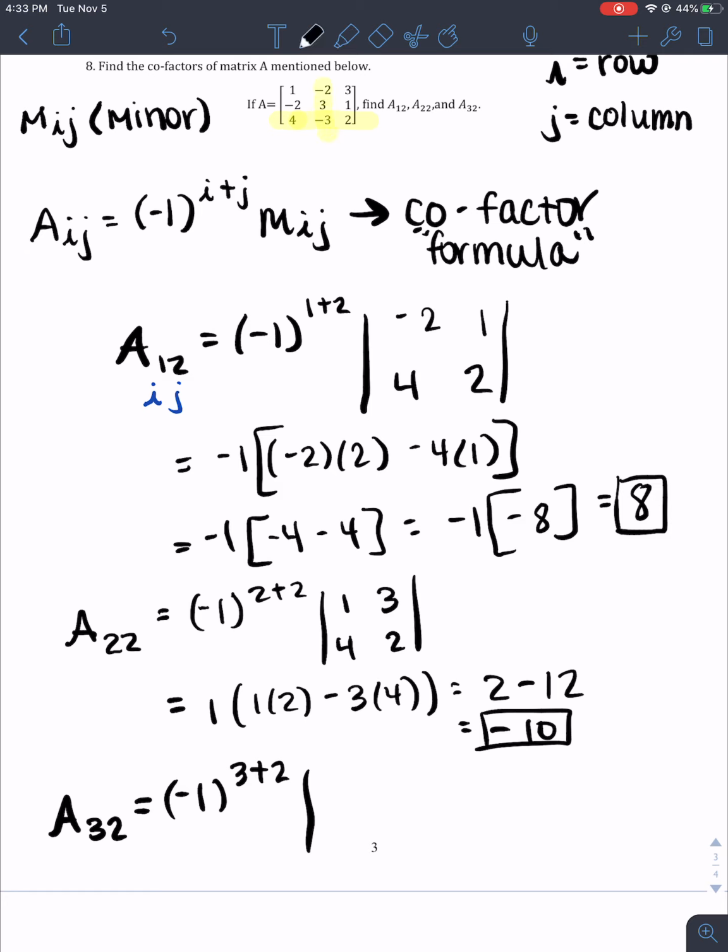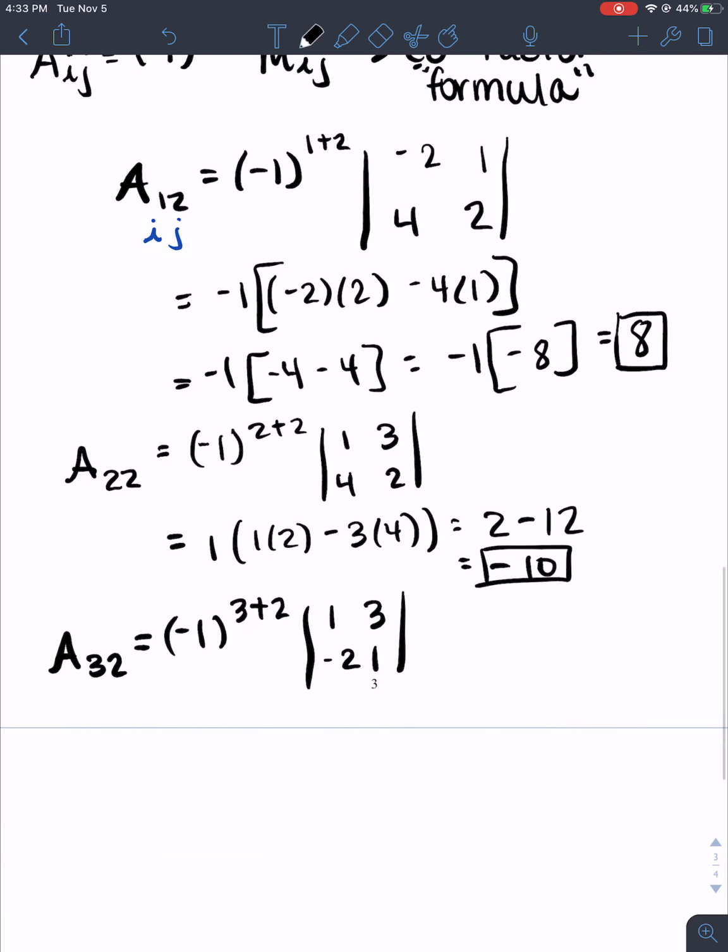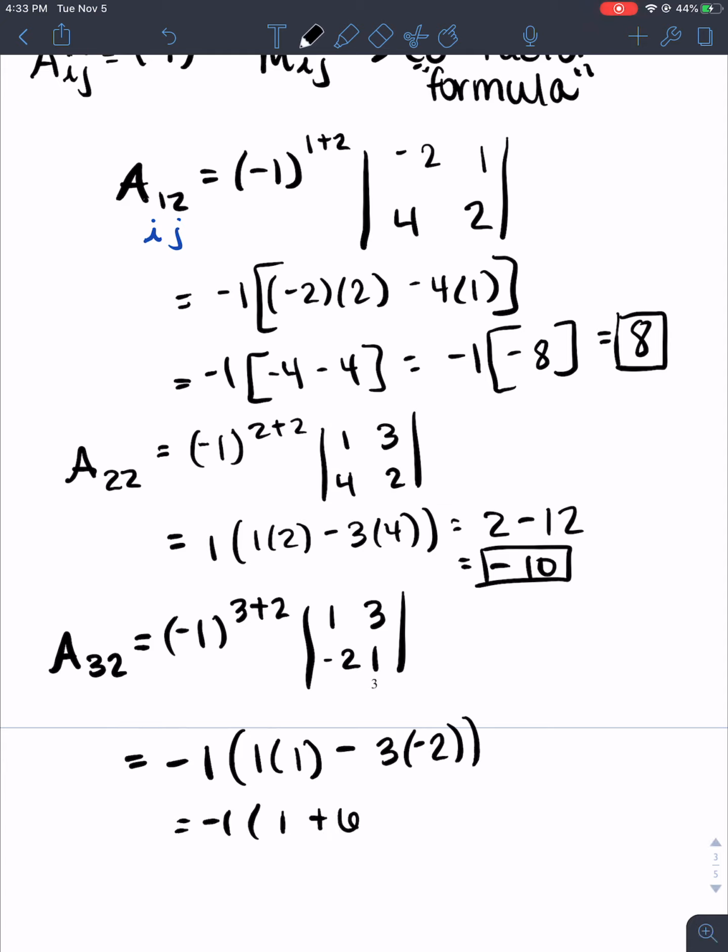Apparently we just don't like column 2 today. So we're going to have 1, 3, -2, and 1. This is going to be -1 because it's to the 5th power. And then we're going to have 1 times 1 minus 3 times -2. So -1 times 1 minus, actually that's going to be a plus 6. So I'm going to have a -7 as my cofactor for A3,2.